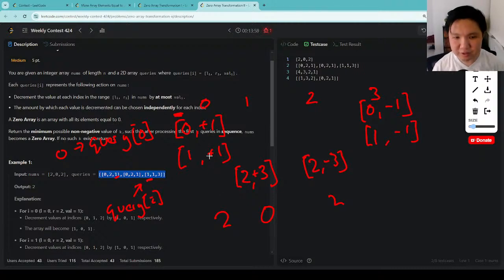Because you need to find the minimum possible non-negative value of k, such that processing the first k queries will give you the right answer. I'll talk about it more after the contest. I'm also trying to finish up before the time. This is very unfortunate, I tell you.